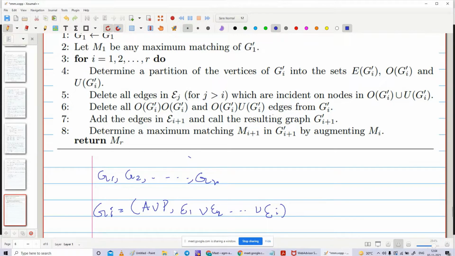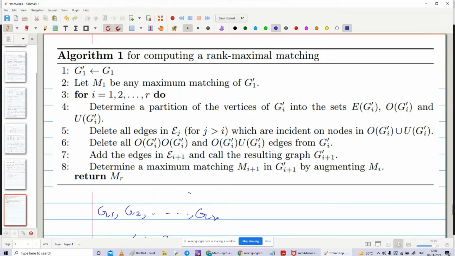So what was the algorithm? If we check the pseudocode, we started with G1, which was A union P, comma U1, and we said that G1 prime is equal to G1.